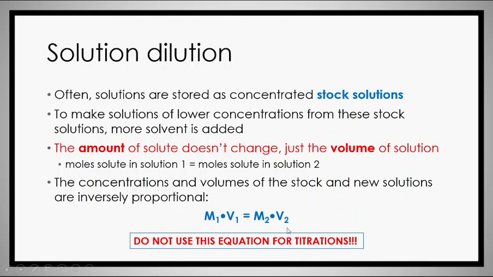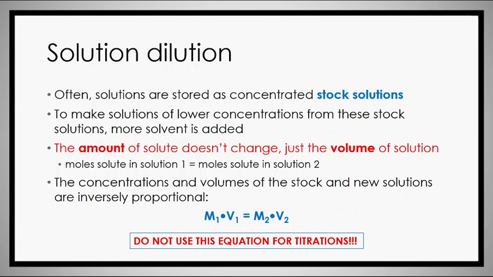So please, please, please remember that. Do not use this for anything else unless I'm telling you I am adding more solvent to this container. If I say anything about adding any more acid or adding any more base or adding any more anything that is not the solvent, this equation becomes null and void.